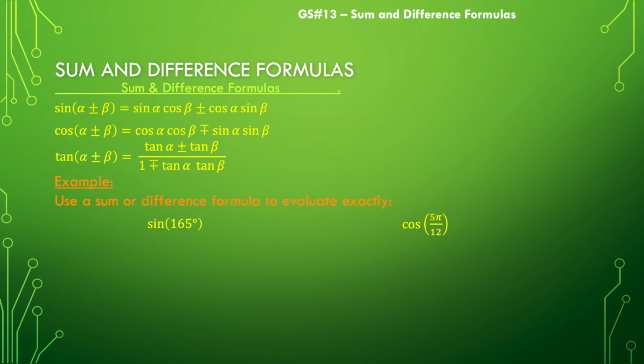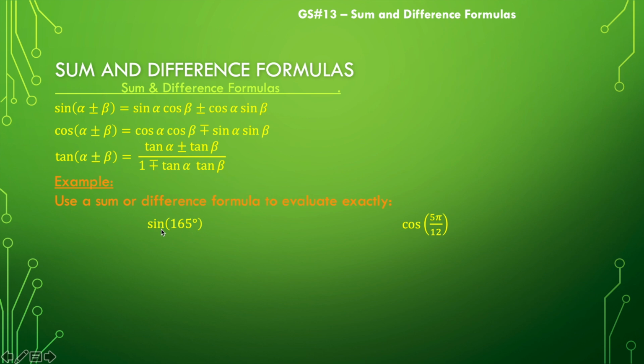So now, notice that what we're doing is we're going to use a sum or difference formula to evaluate this exactly. Now, we don't know what sine of 165 degrees is. So I want to break this apart into two things, either a sum or a difference of degree measures that I do know.